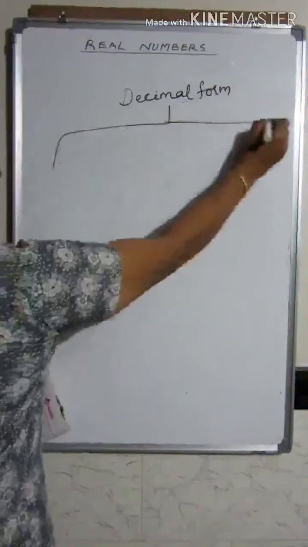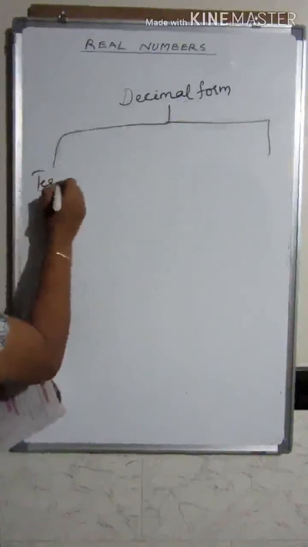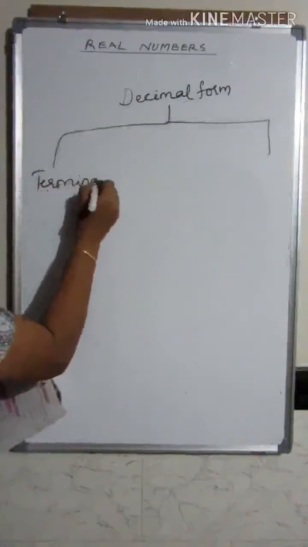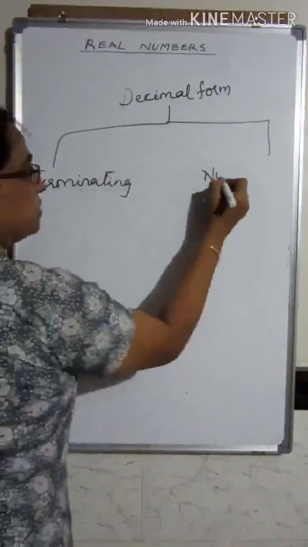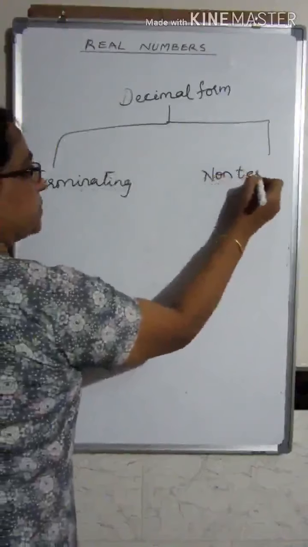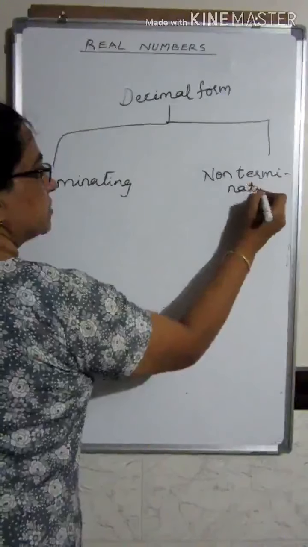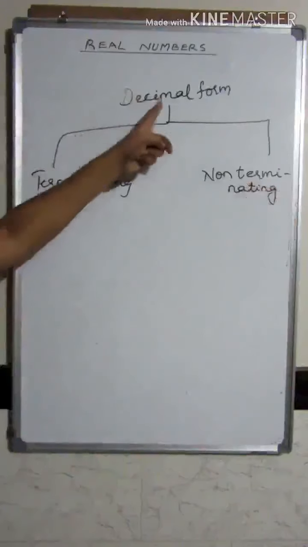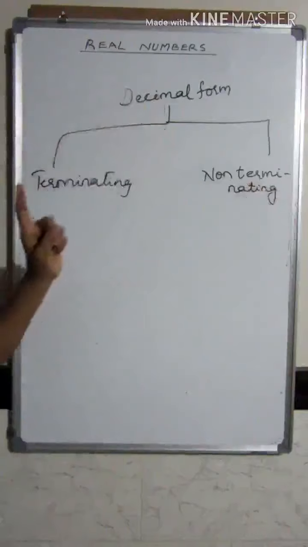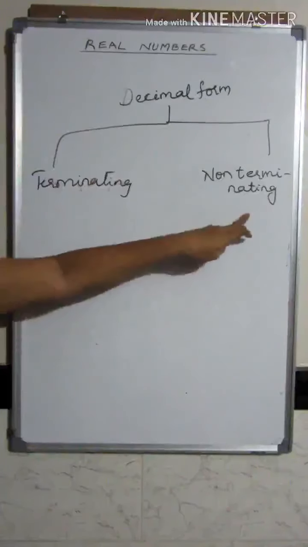So the first one is the terminating type and the next one is the non-terminating type. So the decimal form of any rational number is of two types, that is the terminating form and non-terminating form.